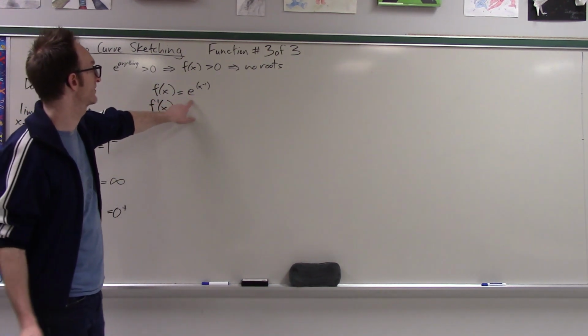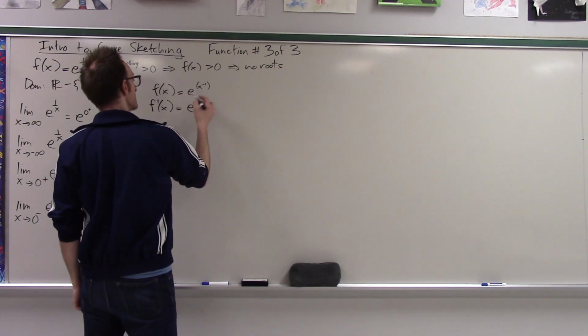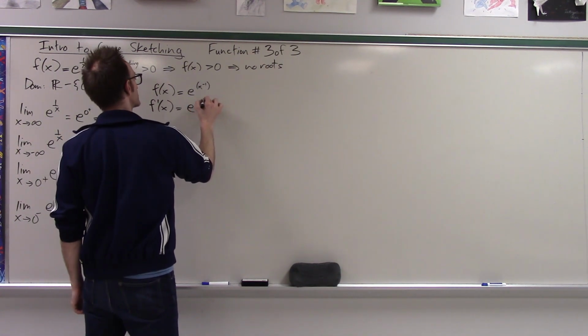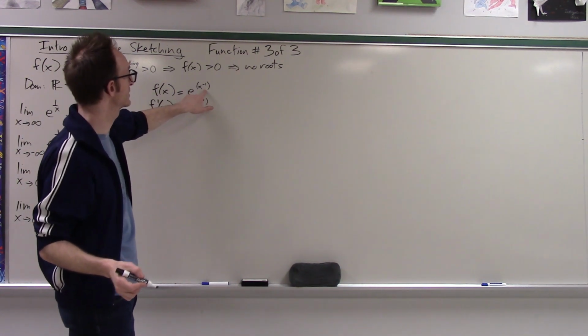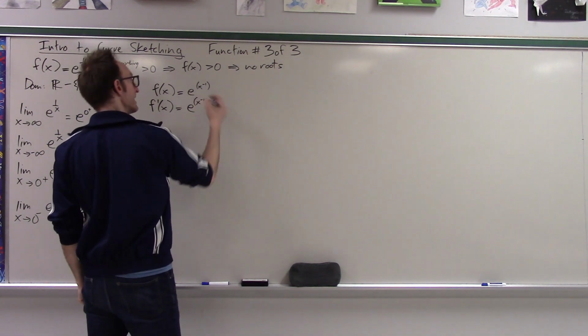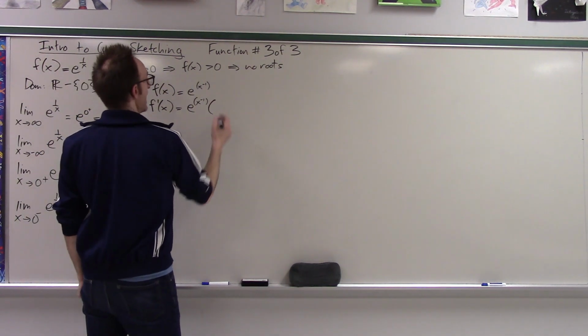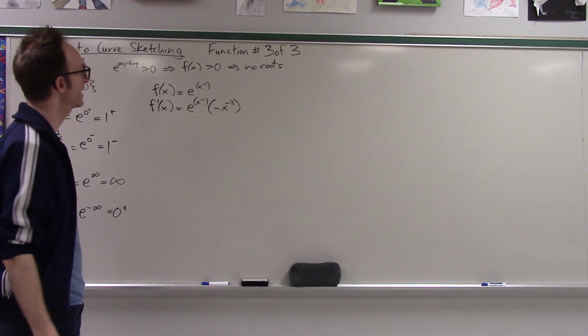So what is the derivative of e to the something? Well, it's e to the something. So e to the x to the negative 1, back inside, times the derivative of the something. So doing the chain rule here, what is the derivative of x to the negative 1? Answer, it's negative x to the negative 2.